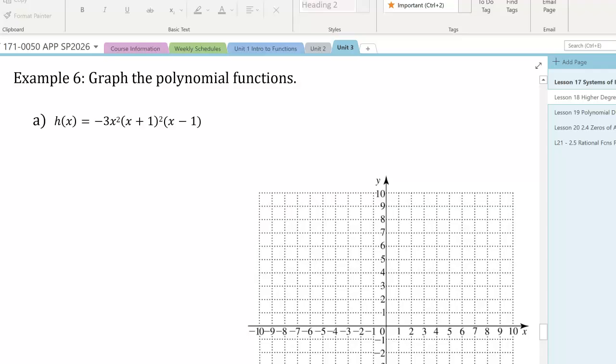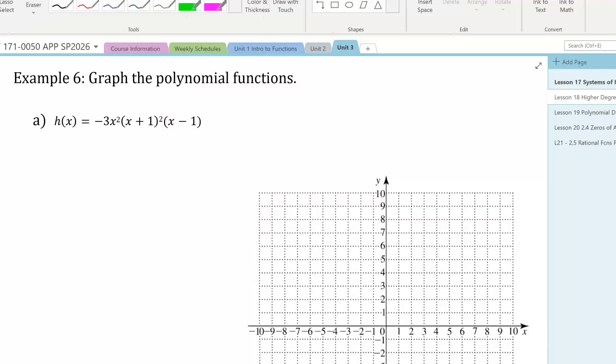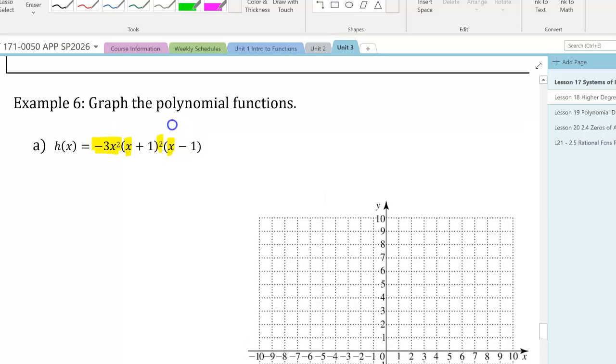So to determine that, you'll want to just look at the first term in each set of parentheses and the power that it's raised to. So the leading term can be determined not by multiplying everything out, but just by multiplying these things together.